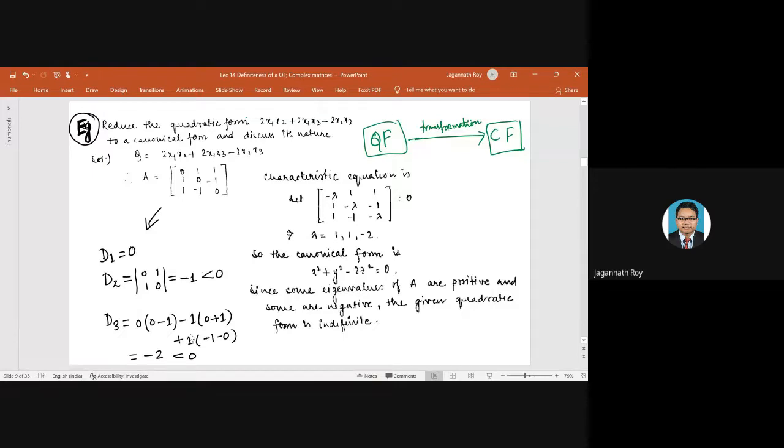In fact, this transformation is an orthogonal transformation, or we can also call it a congruent transformation, because we have seen that from the matrix of the quadratic form, A, after finding the eigenvectors, the matrix P that we get will form the diagonal matrix, and this P will be orthogonal. That is why we call it an orthogonal transformation.